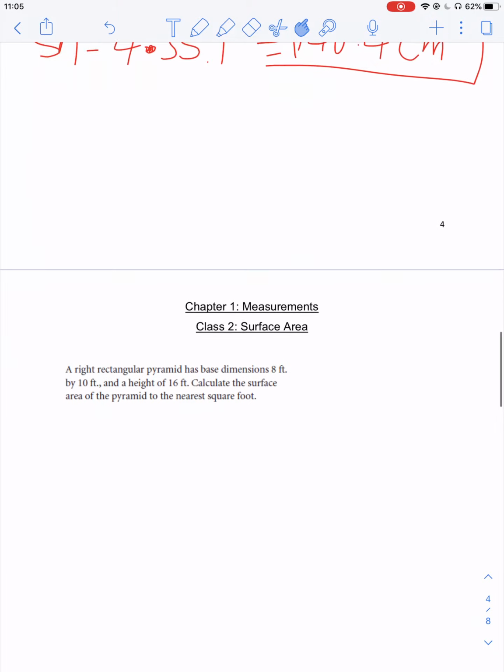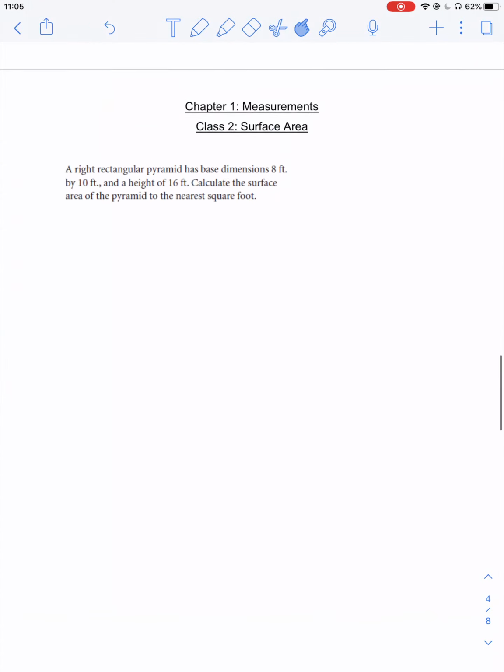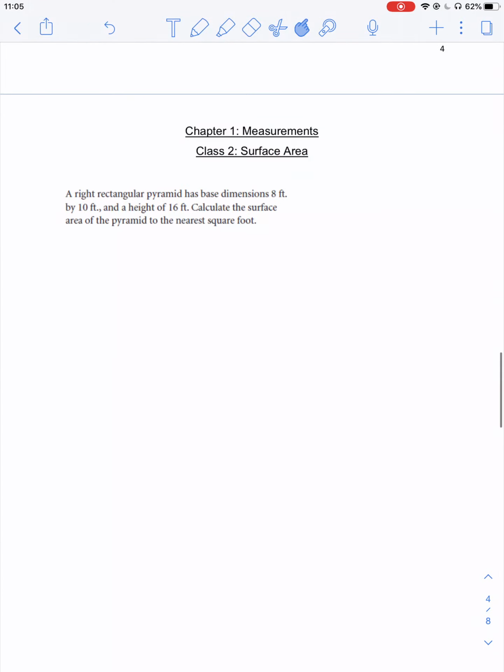Now this one is a challenging one. Okay, so here let's read the question. A right rectangular pyramid just means that the pyramid is straight. It's not slanted towards one side or anything.